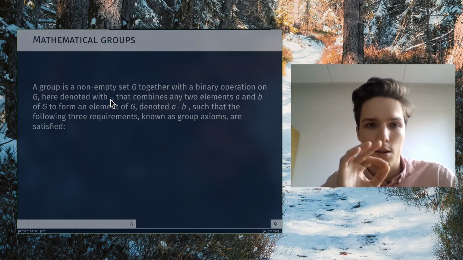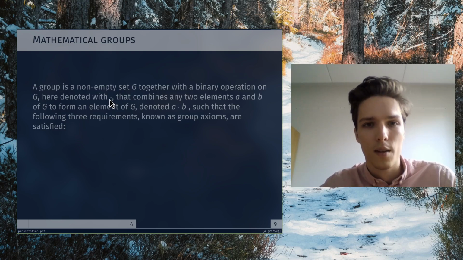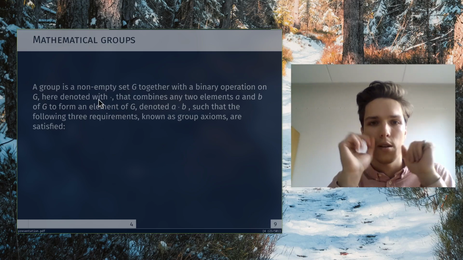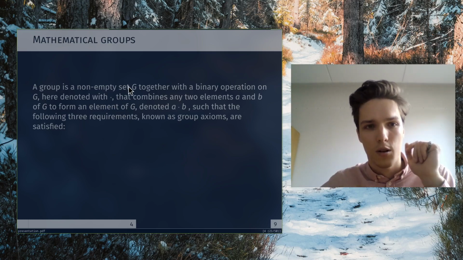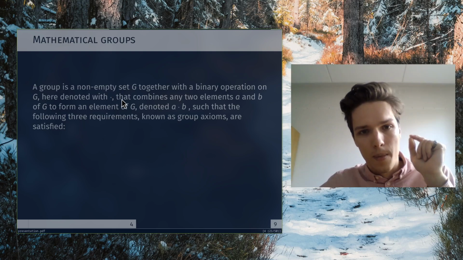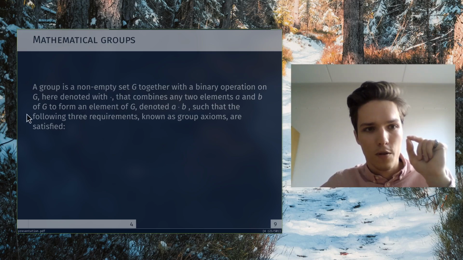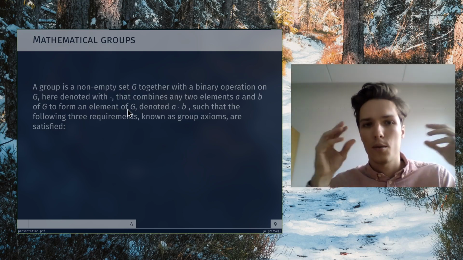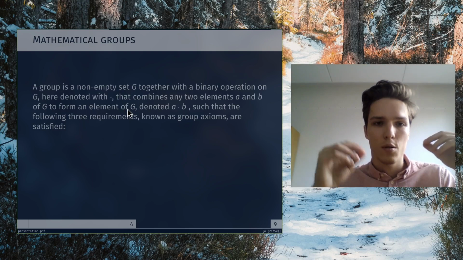This is the central dot. Okay, so we have some binary operation, so this means it takes 2 elements of the set G, that combines any 2 elements A and B of G, so they're elements of G, to form another element of G. Okay, so the output is something that also has to be in G.